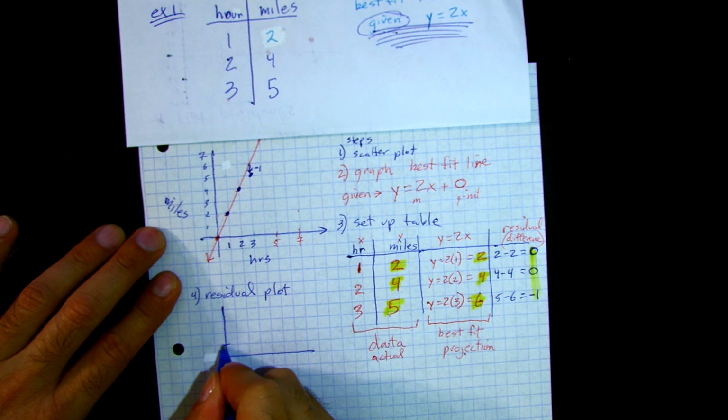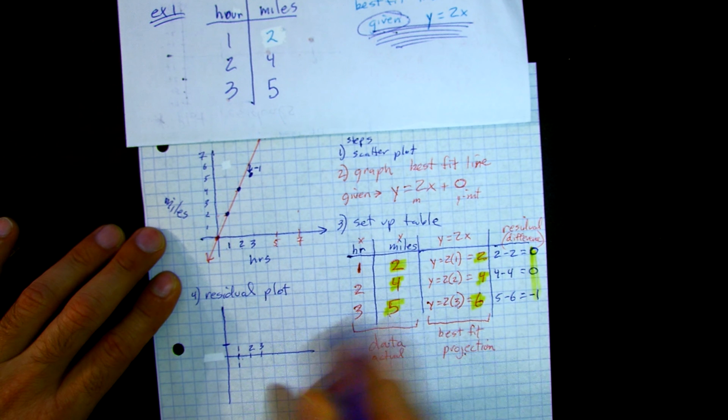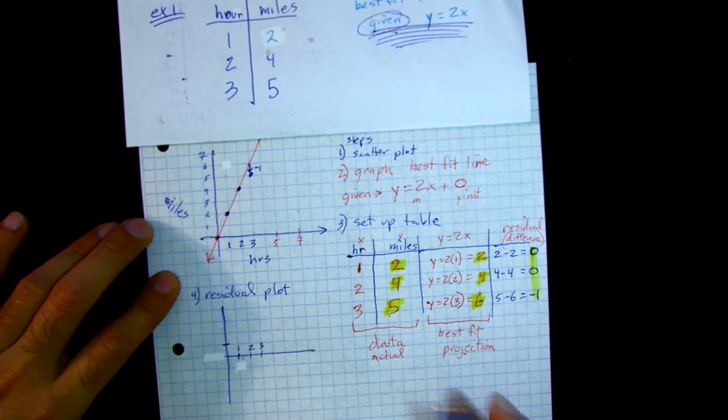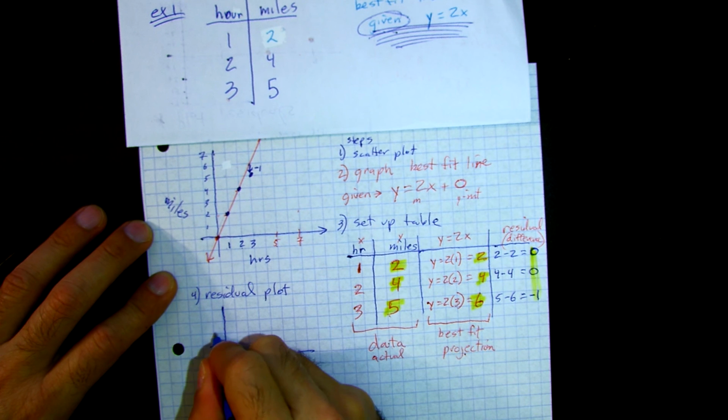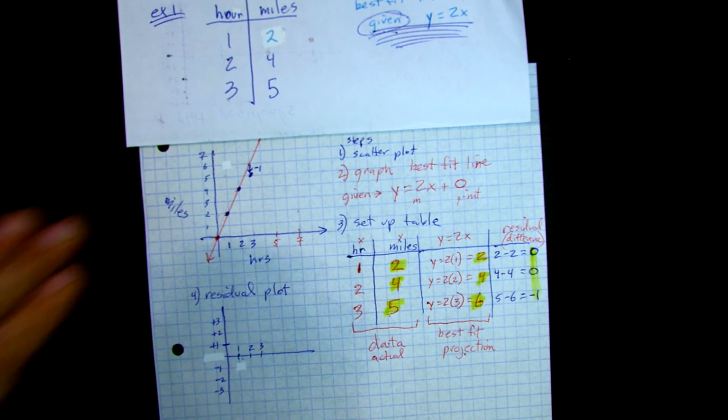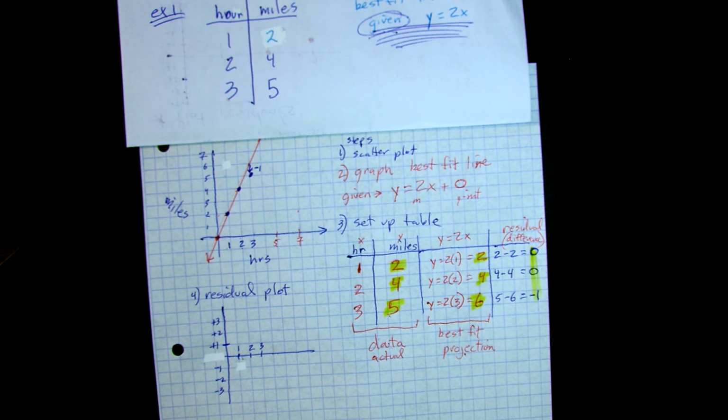So all this is saying is, here's 1, here's 2, here's 3. All this is saying is it's going to help us see, well, what's happening? -1, -2, -3. All right, everybody get that filled out.